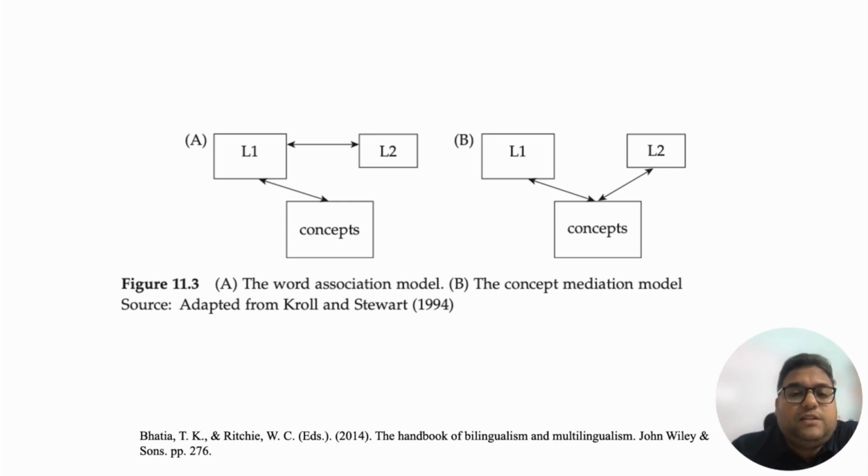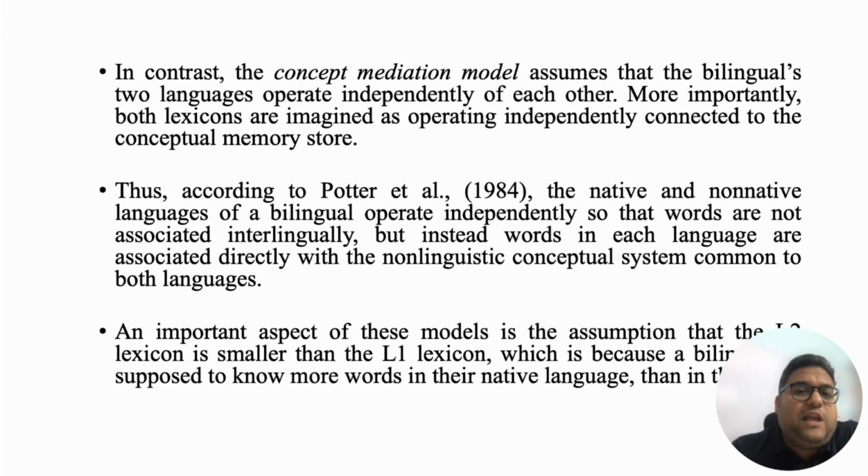However, there is another model, which is the concept mediation model, in which both the L2 lexical store and the L1 lexical store have direct access to the conceptual store, which, as I said, is language free. The concept mediation model assumes that the bilingual's two languages operate independently from each other, much like the coordinate distinction we were talking about from Weinreich. Both lexicons operate independently, but are both connected to the conceptual memory store.